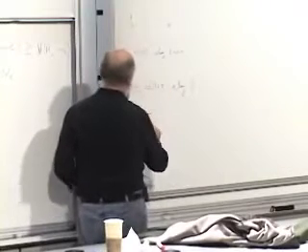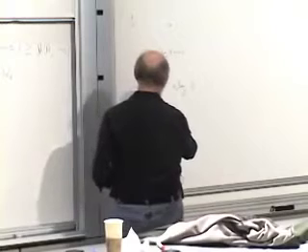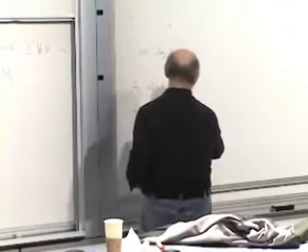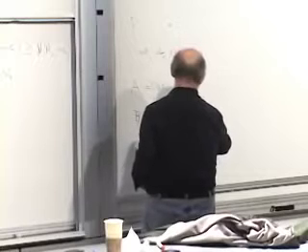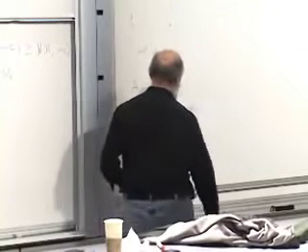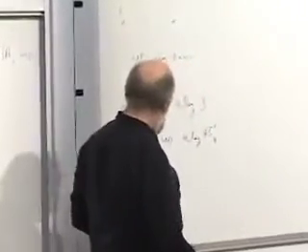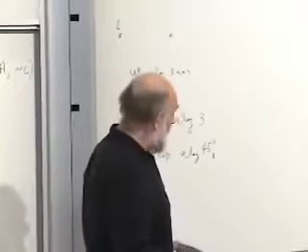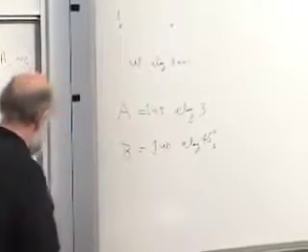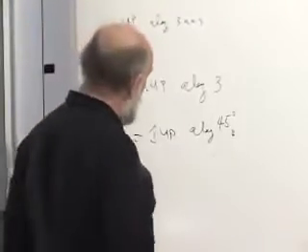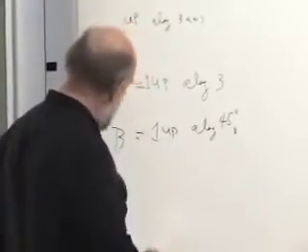B is that spin 1 is up along a 45-degree angle. The 45-degree angle could be in the ZX plane, for example. Let's take it to be in the ZX plane. So B says spin 1 is up along the 45-degree angle in the ZX plane.